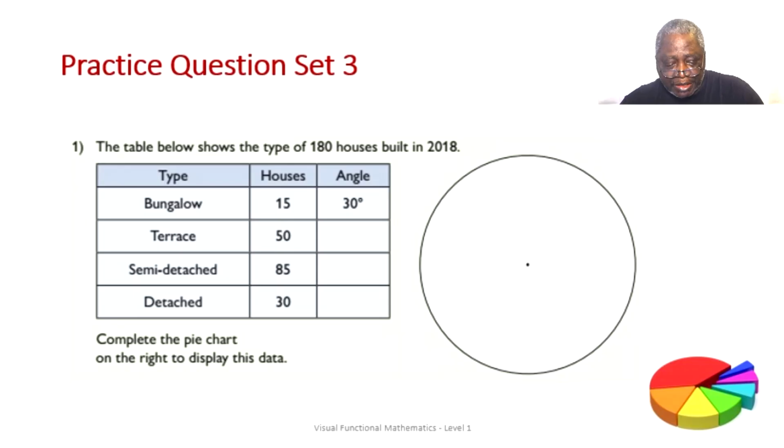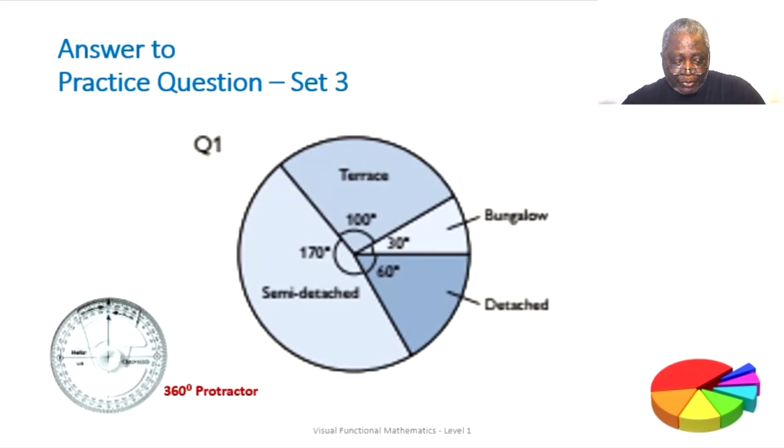The circle is an indicator, and your answer is shown there. I've given you the image of a type of protractor you can get if you can find it. A 360 degrees protractor will help you to work out the angles very easily, but if you don't have one, then you have to make do with your protractor, but then you will need to have calculated your angles and the size of each sector before you do this.